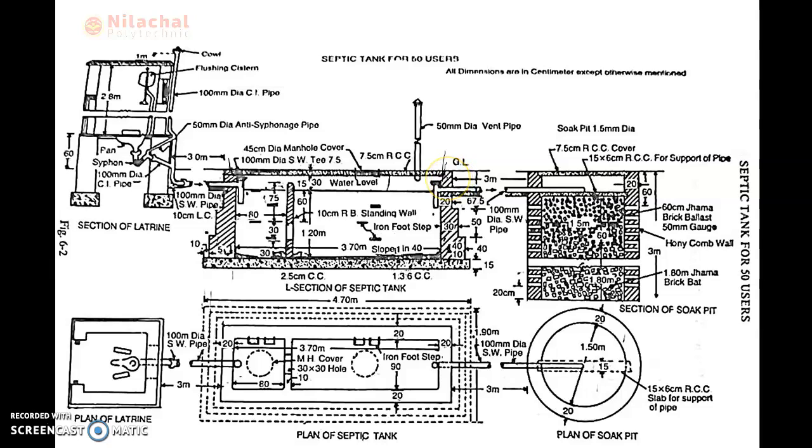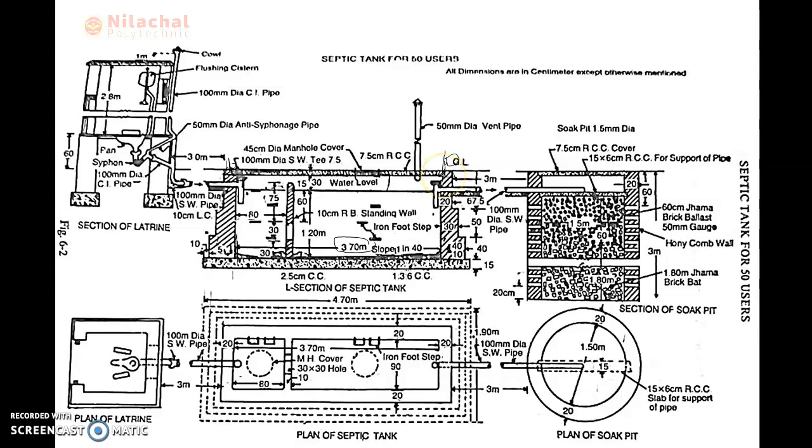Here the RCC slab is taking some support from this wall, which is considered as an offset of 10 centimeter. The same on the opposite side, we also consider the offset as 10 centimeter. The inner distance from this wall point to this wall point is 3.70.